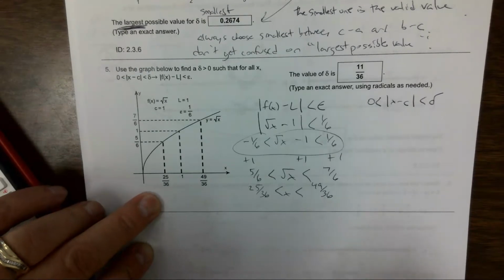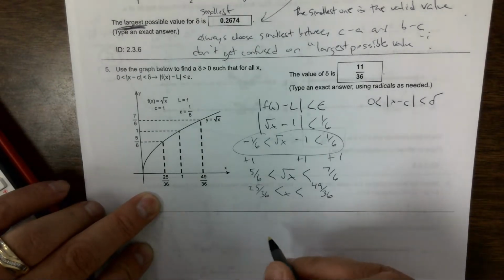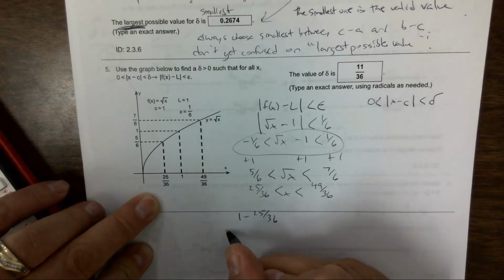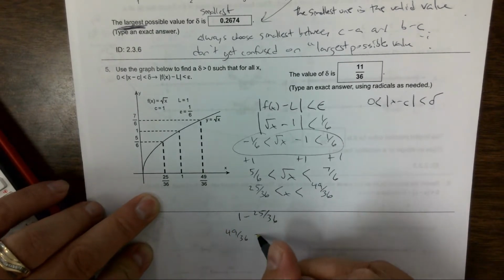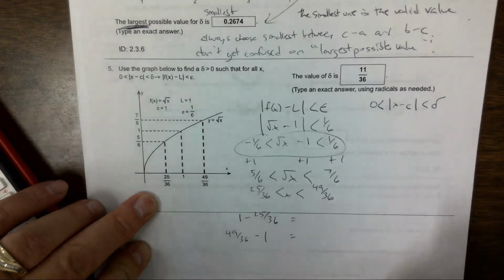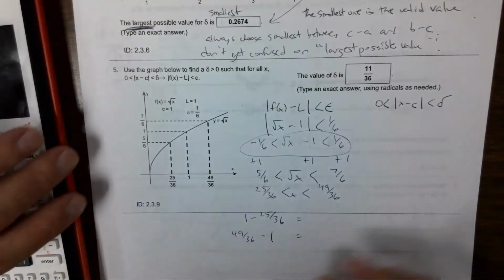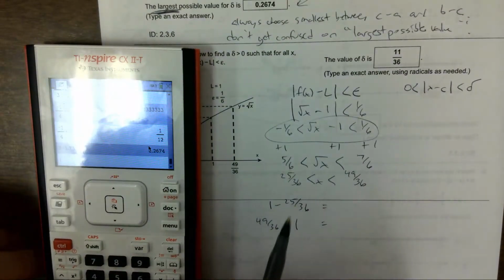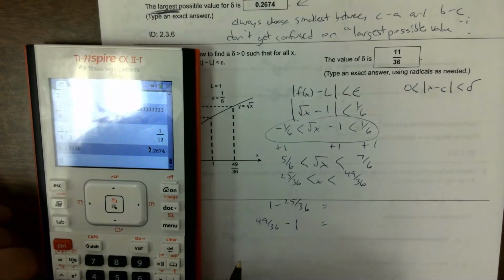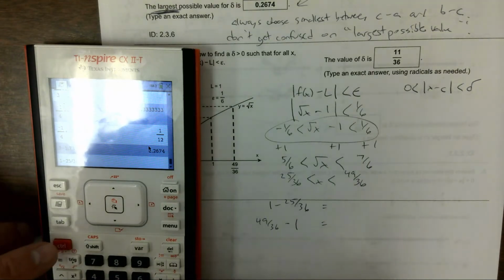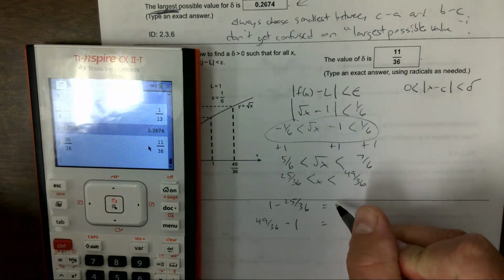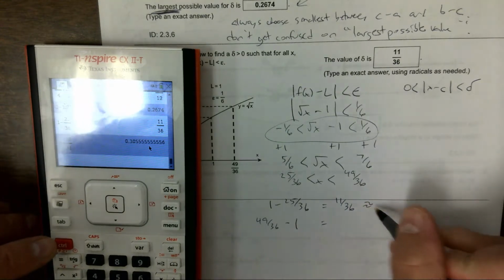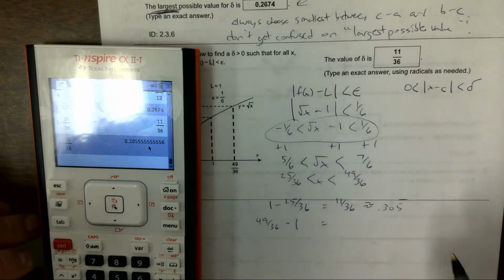Now let's just do our 1 minus 25/36, and then do 49/36 minus 1. Let's see how we go. And this is 11/36, which is about 0.305 repeat.